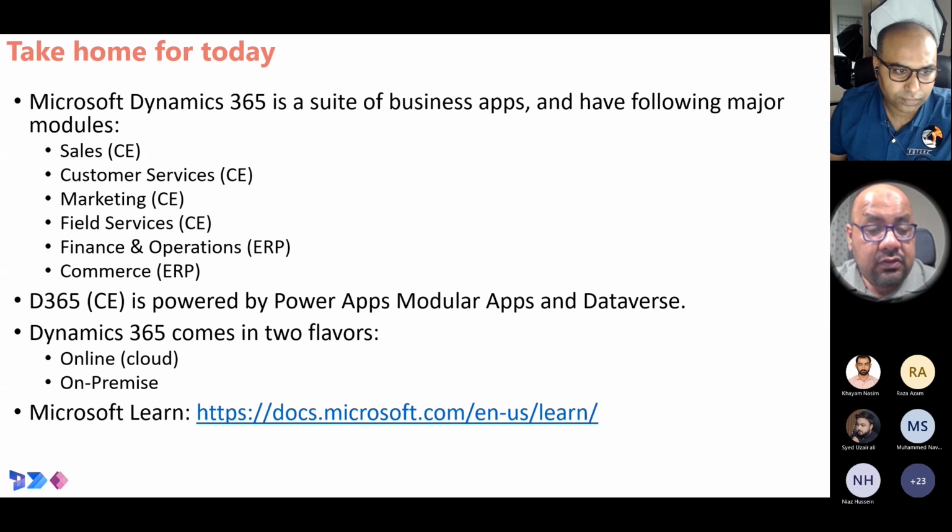We also looked into Power Apps, model-driven apps, and Dataverse. And we just need to highlight here that Dynamics 365 comes in two flavors, online and on-prem. But online is a different flavor than on-prem. On-prem is a limited edition. We will also cover that in the functional part.